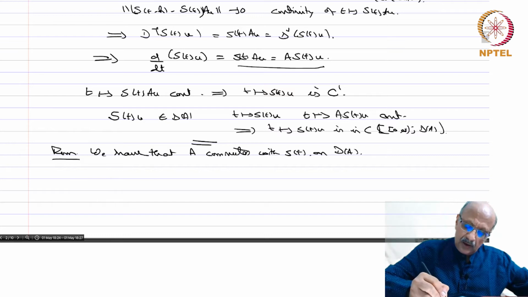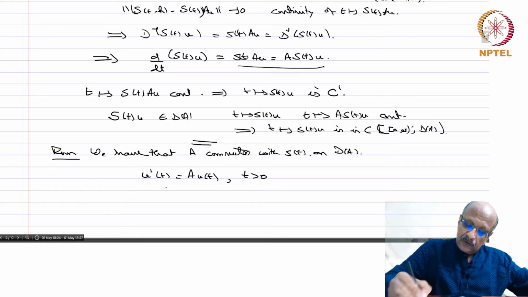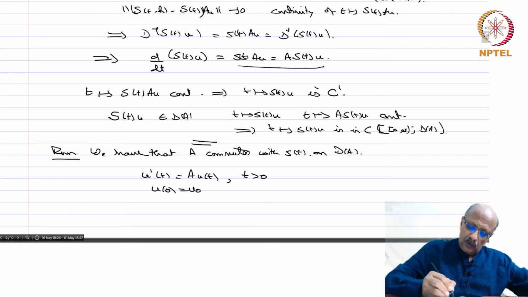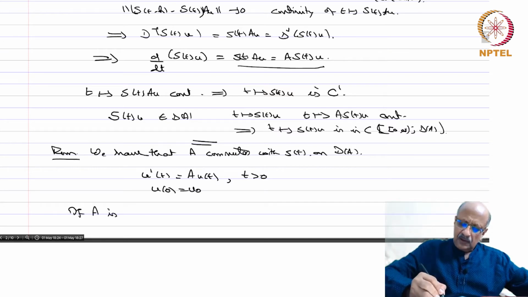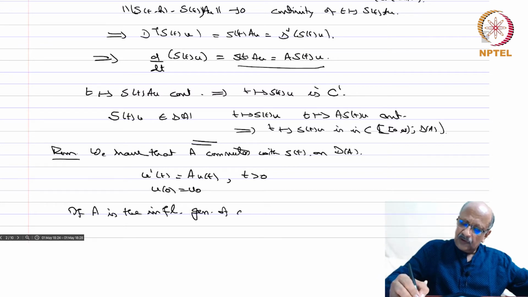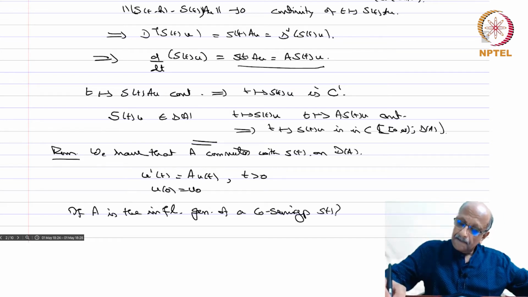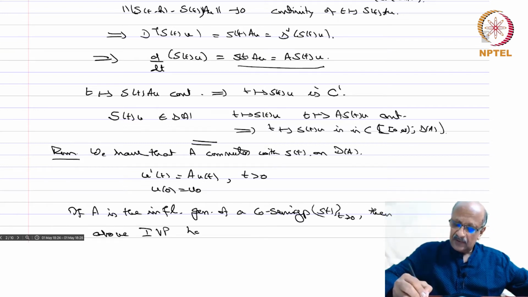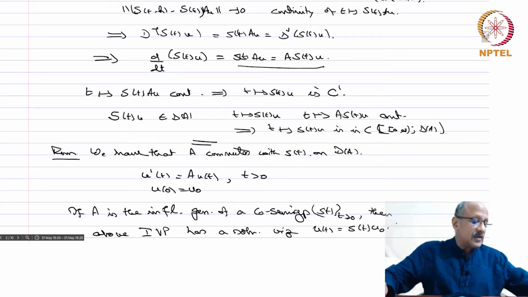We have shown that u'(t) = A u(t), u(0) = u0, if A is the infinitesimal generator of a C0 semigroup S(t), then the above initial value problem has a solution, namely u(t) = S(t)u0. It satisfies the equation.